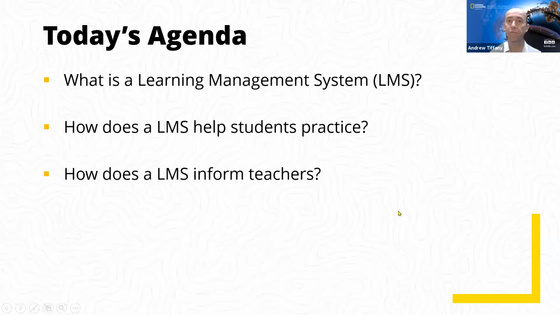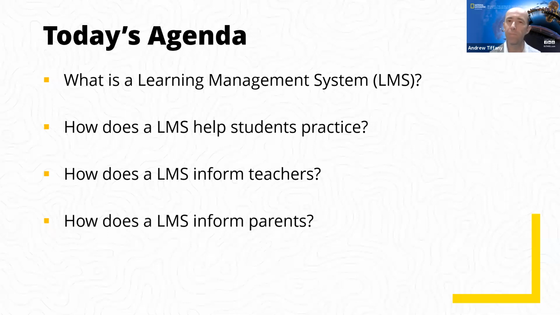How does it help inform teachers about what's going on with their students so that they can make good decisions in the classroom? How does it inform parents so that parents know what's going on and can understand the education that their children are receiving better? And in the end, we'll wrap it all up and talk about the benefits overall for everybody. How does this really help everybody involved in the child's education?